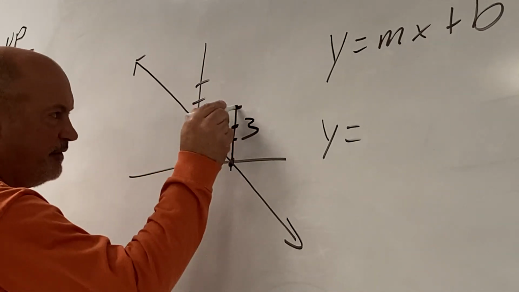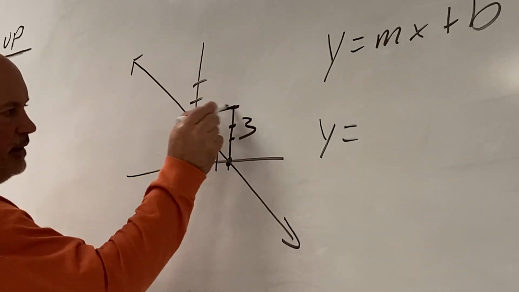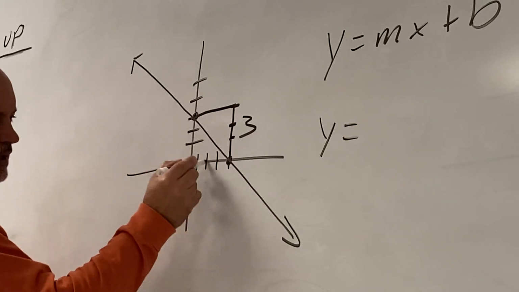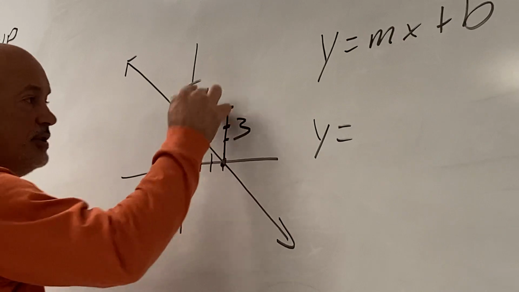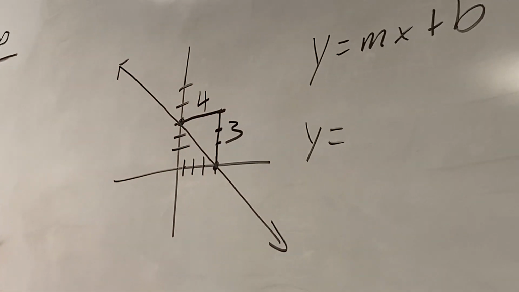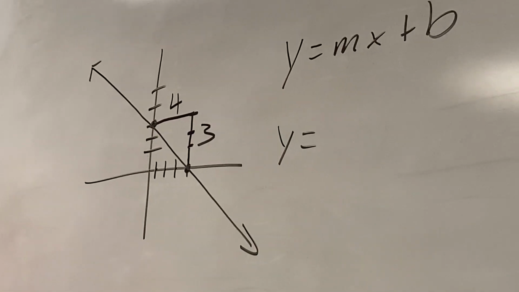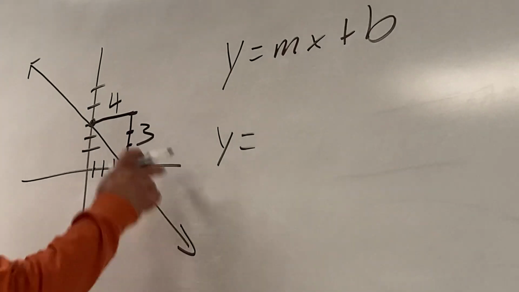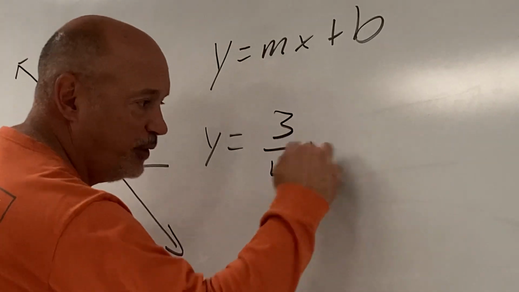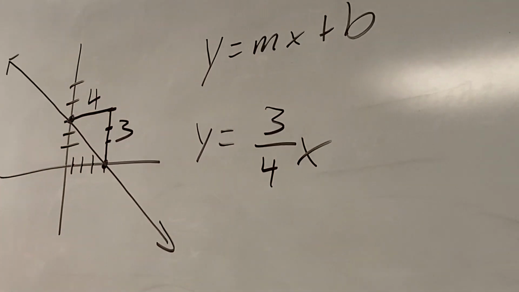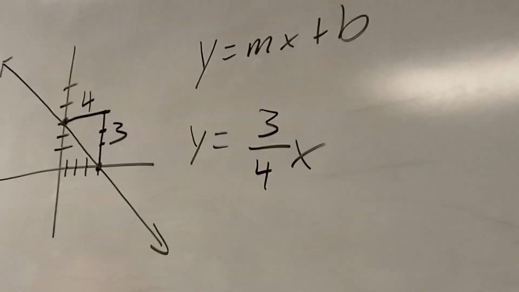Let's now find the run from here all the way over to here. How many does it run? 4. Do y'all agree that our slope is rise of 3, run of 4? Which number goes on top? The 3 does. So I'm going to put 3/4 right in front of x. The slope always goes in front of x.